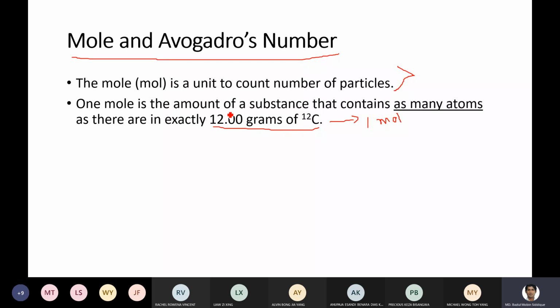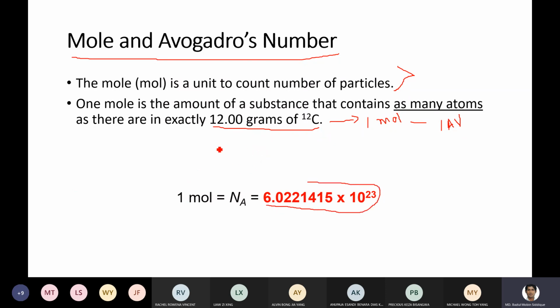And this Avogadro's number is a constant number. It will never change. It is 6.022, or 6.023 sometimes we write, times 10 to the power 23.